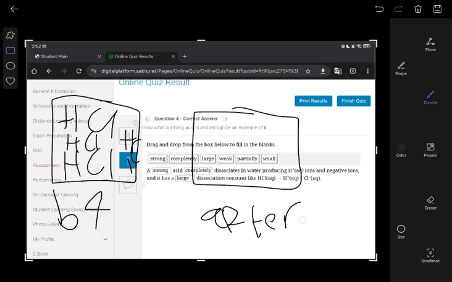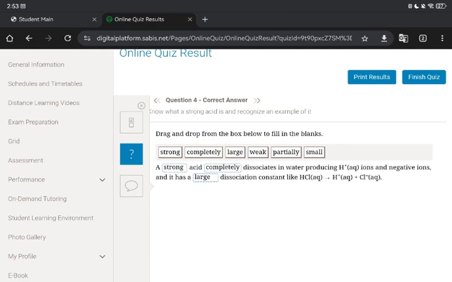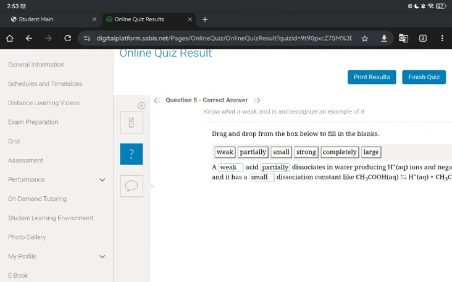When it dissociates, every single one of them dissociates into the H plus and the Cl minus, H plus, Cl minus, like that. Every single one dissociates. So obviously, the product side is going to be way more than the reactant side, because every single one of the HCl molecules dissociates.